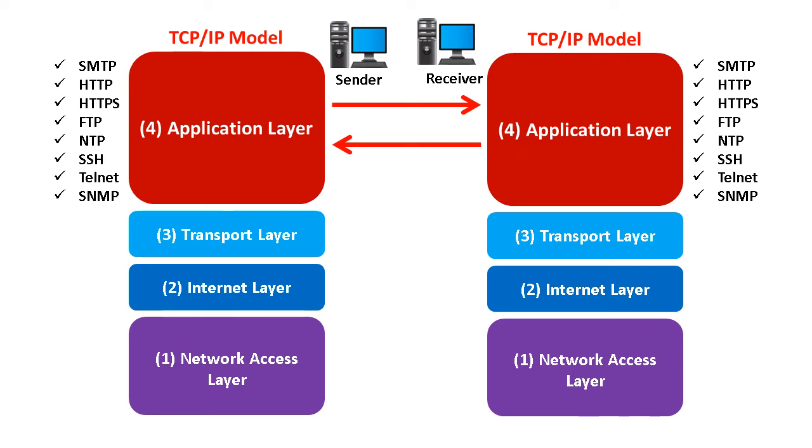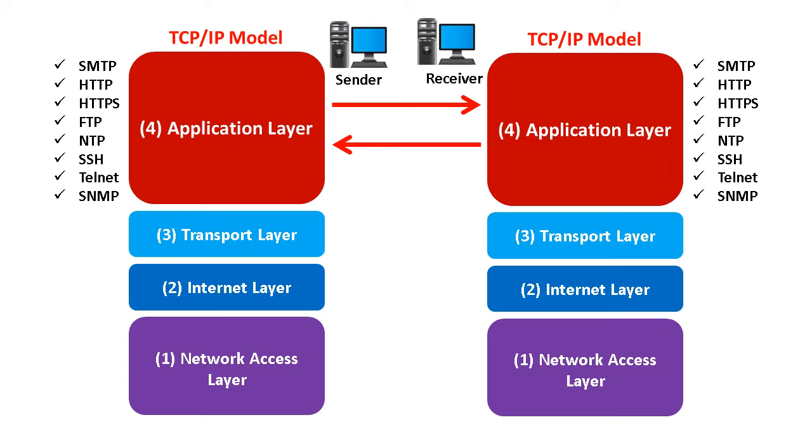Let us discuss the application layer of the TCP/IP model. It is the topmost layer, which is equivalent to the application, presentation and session layers of the OSI model. It acts as an interface between the application programs and has the same capabilities as the application, presentation and session layers of the OSI model.